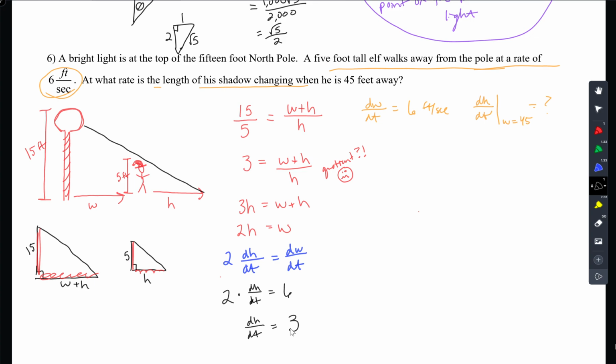H was shadow length. So that is feet. And time was seconds.